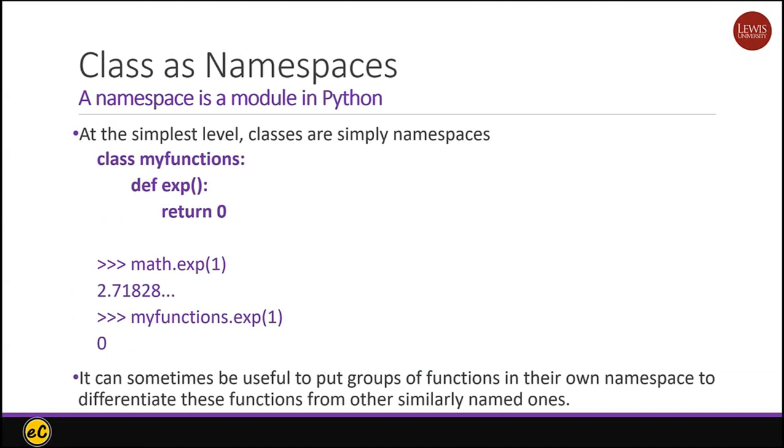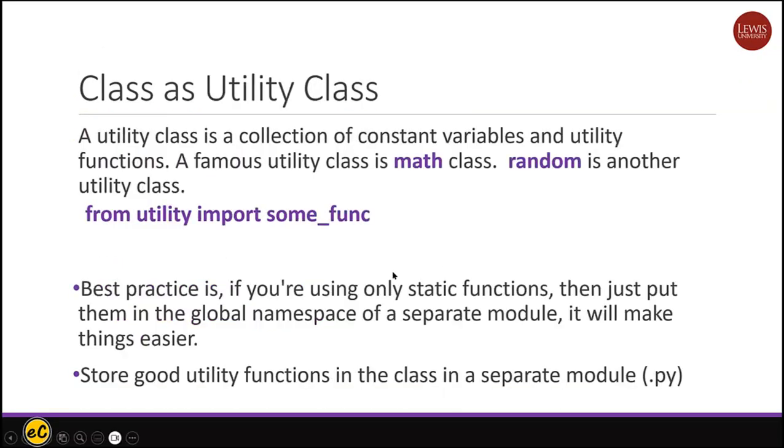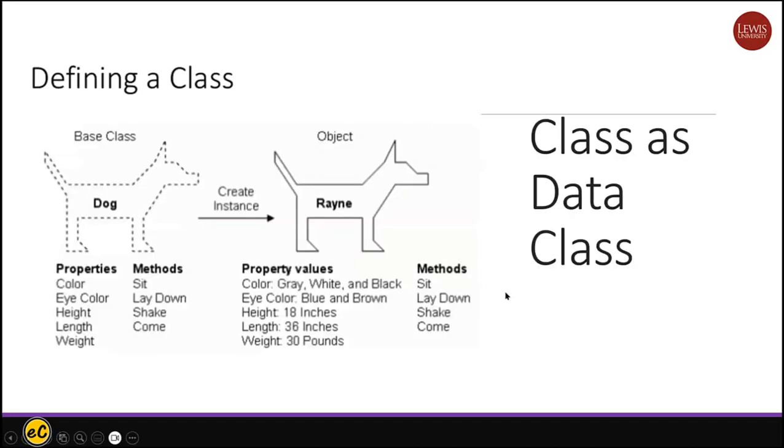And the class by itself is a module, and the whole program file is also a module. A utility class is usually used as a collection of functions for people to use.